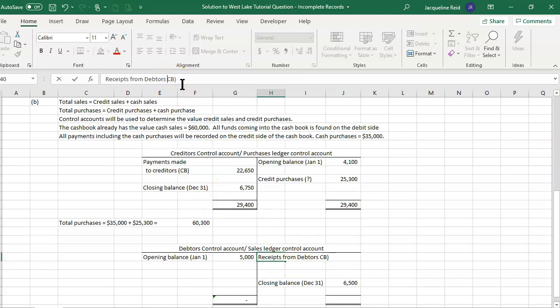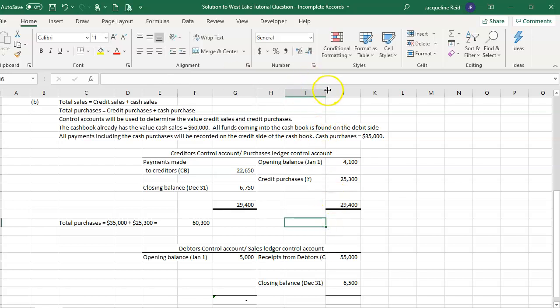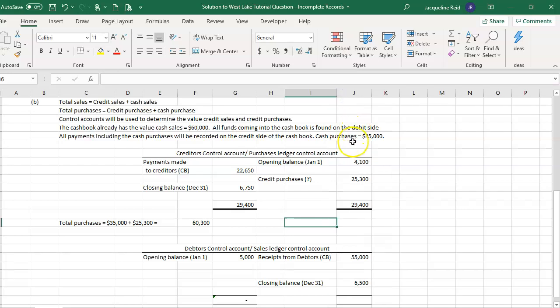All right. Now, unlike the purchases ledger control account, there is another entry that we need to recognize. And if you look at the second note in the question, it makes reference to something called discounts allowed. Now you should know that discounts allowed are associated with credit customers. So somewhere in the mix, this debtors control account must have an entry called discounts allowed.